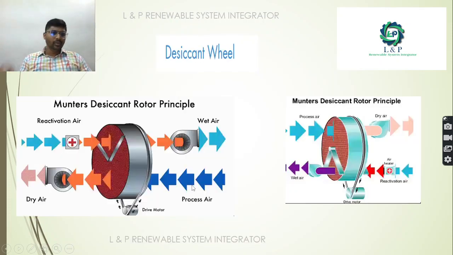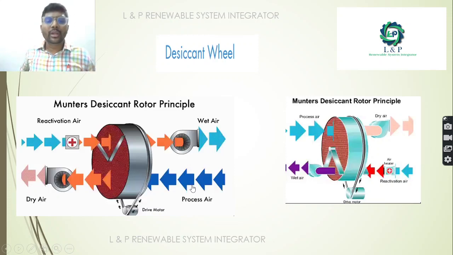Now what is happening: whenever you are taking away the air from a building with the help of the exhaust duct and the exhaust fan, there still remains some chillness in that air. We can utilize that air being taken away from inside with the help of this recovery wheel.